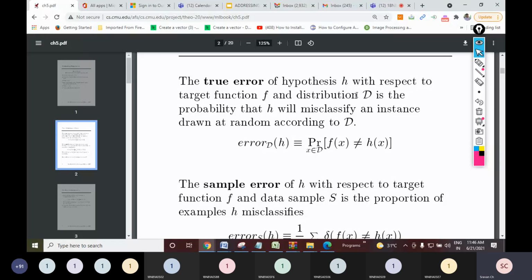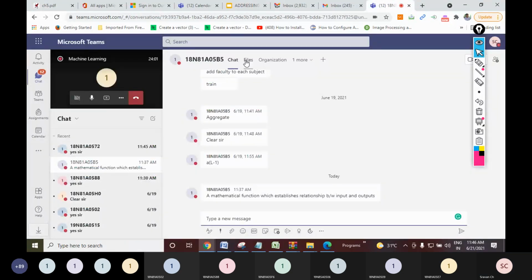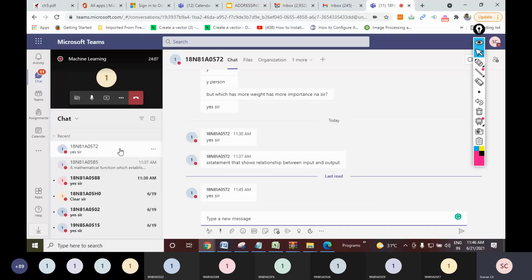Did you understand anything? Anybody understood the meaning of this statement? What is true error? I'll just show it again.